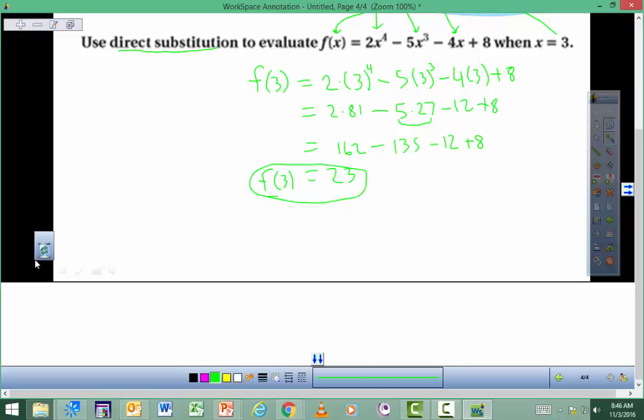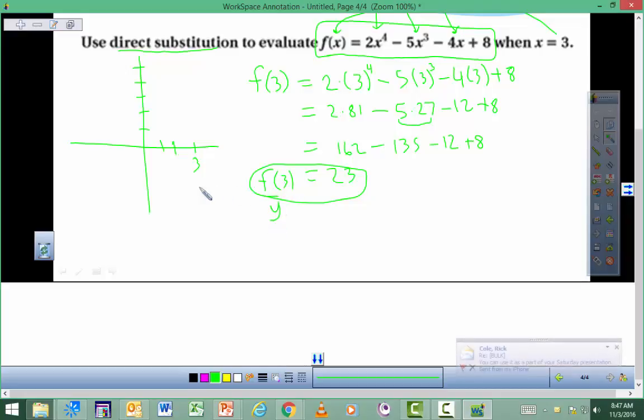Everybody good with that? Now, what we just found out, and this is where graphing gets annoying. When you're doing polynomials, graphing is annoying. What we basically found out is that when x is equal to 3, here's 3, the y value, remember this is basically y at the value of 3, is 23.